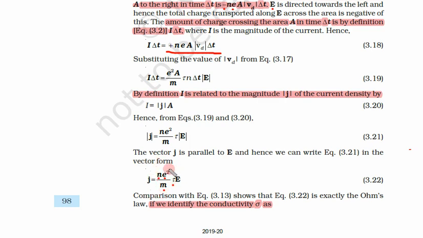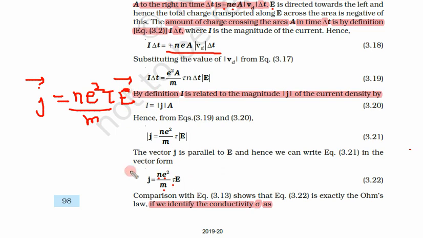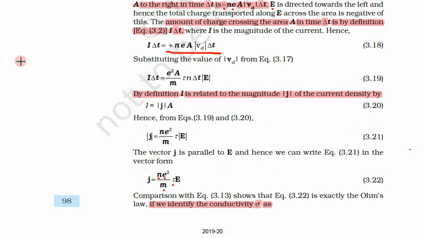These are not vector quantities. Only vector quantities are J and E. So a good way to write it is J is equal to n e squared tau by m into vector E. This is the correct way to write it.